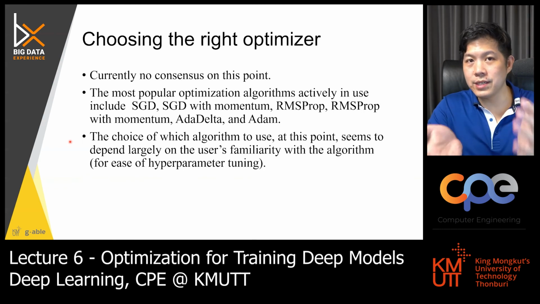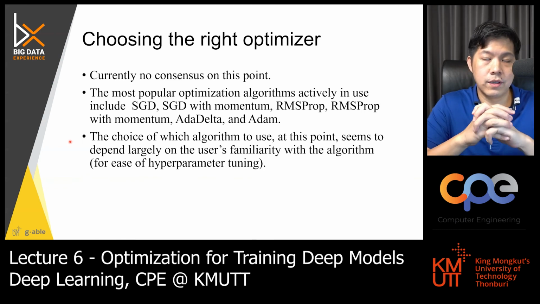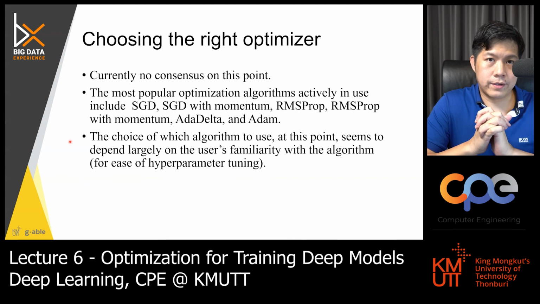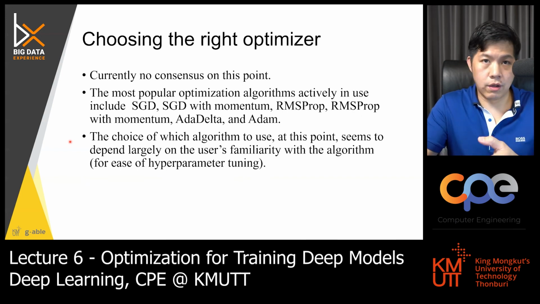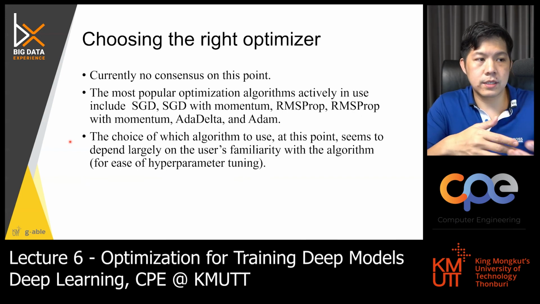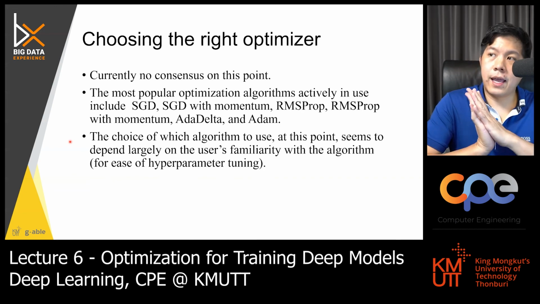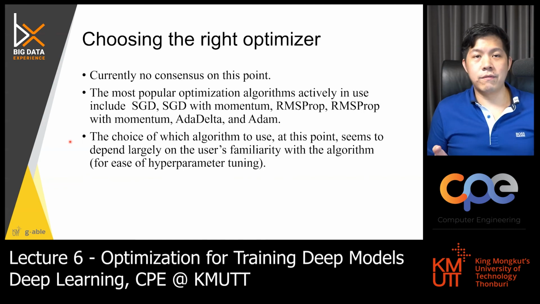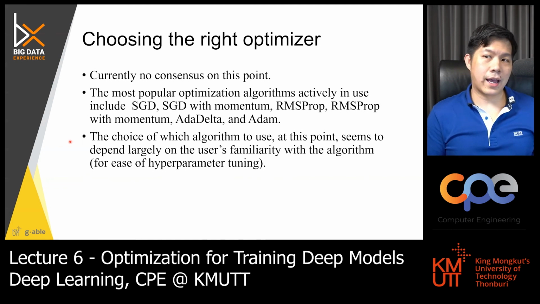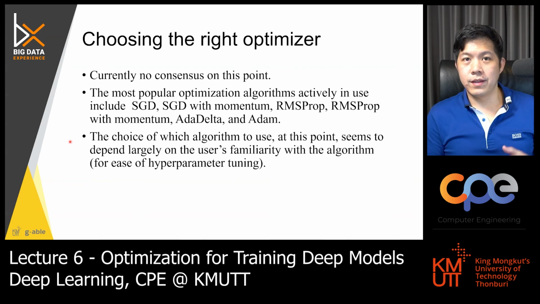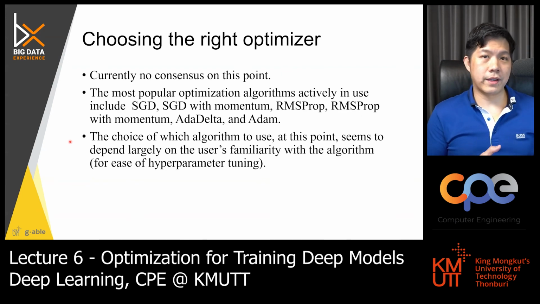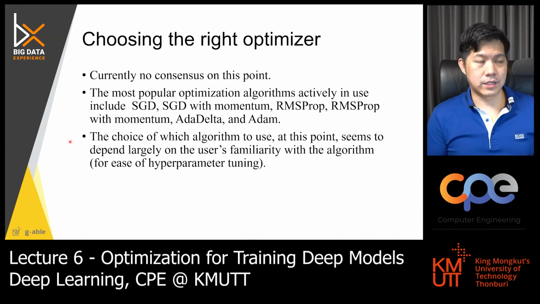But in any case, selecting the optimizer will affect the performance of the training, whether it will converge faster or slower. That's actually all for today, where I covered different algorithms that allow you to create an optimizer that would optimize your deep learning model.